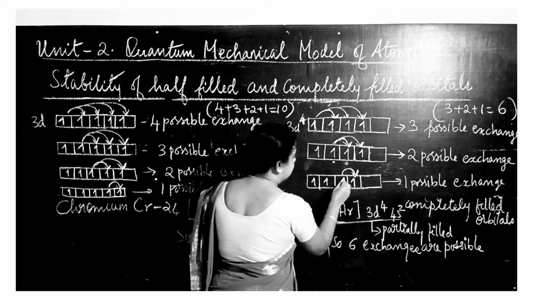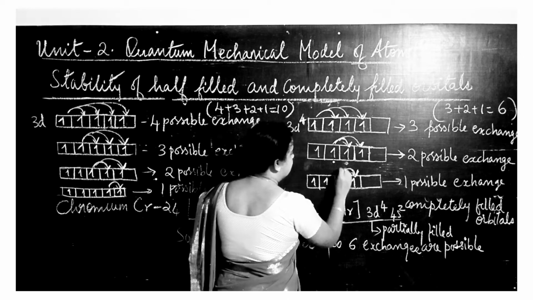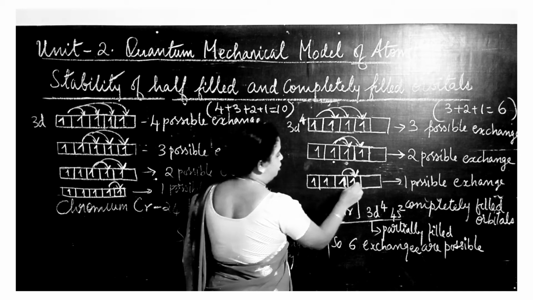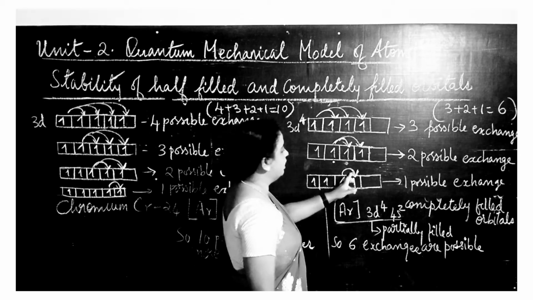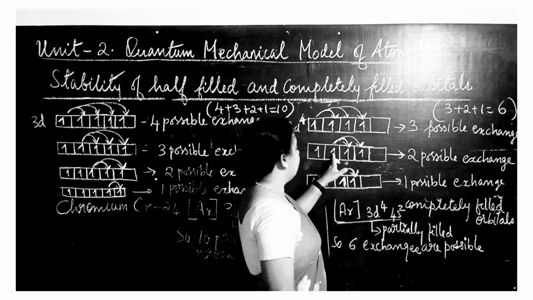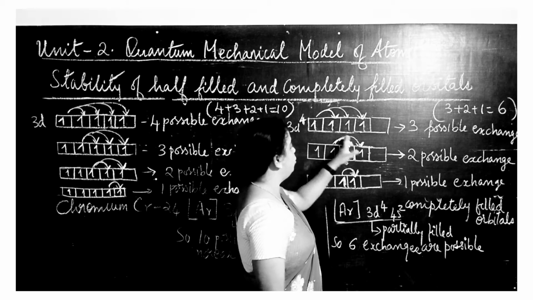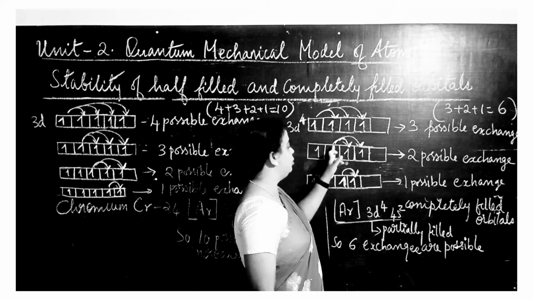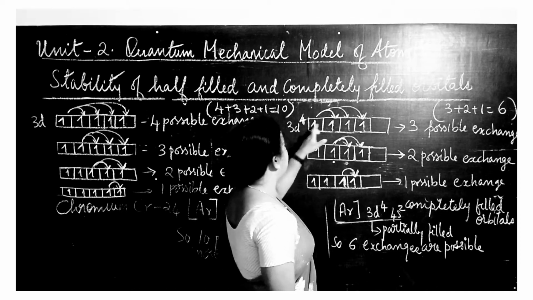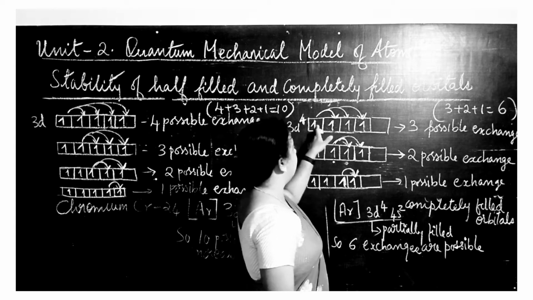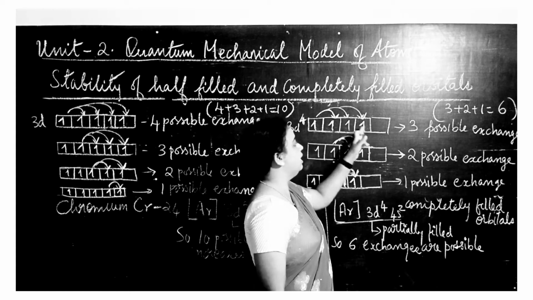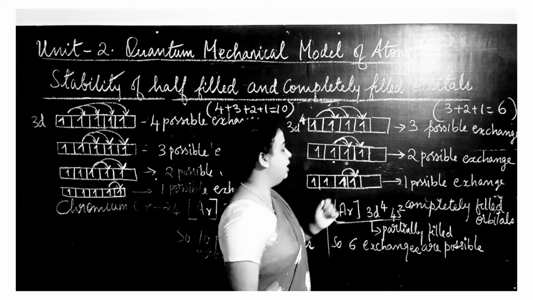Whereas here the third electron can shift its position towards the right side. There is only one possible shift here. So only one arrow mark indicates one possible exchange. For the second electron, 2 arrow marks indicate 2 possible exchanges, and here the first electron has 3 arrow marks, so that is 3 possible exchanges.